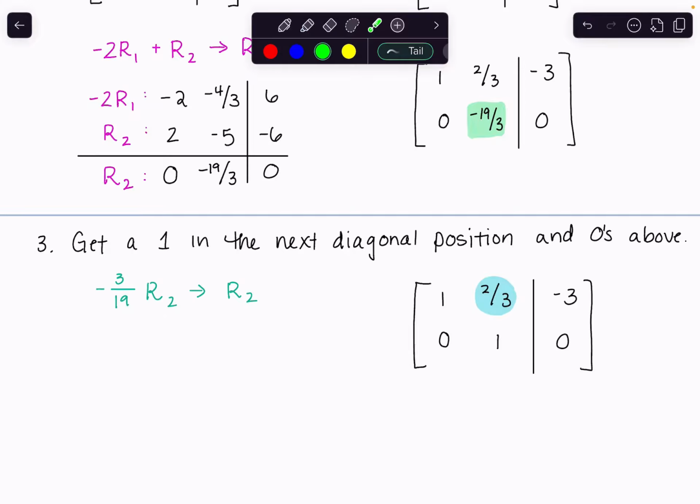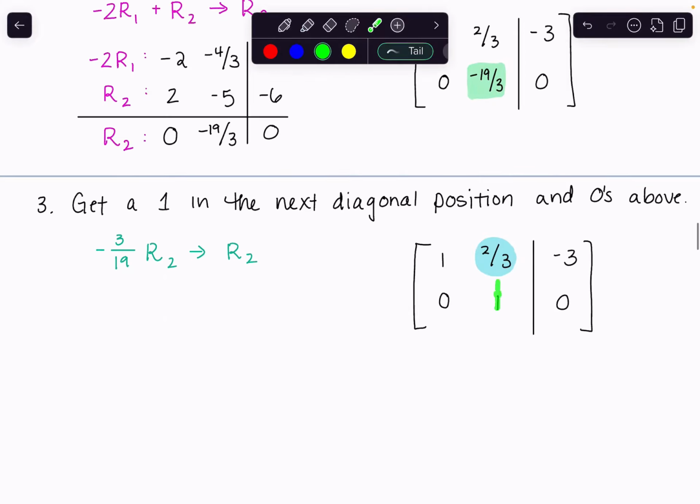So again, I use that diagonal position to eliminate what's above it. So I want this to be a negative 2/3 so that when I add it together, it cancels out. So we're going to do negative 2/3 times row 2 plus row 1 becomes my new row 1. Okay.